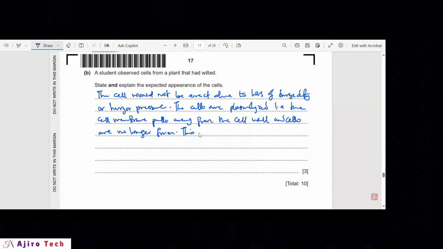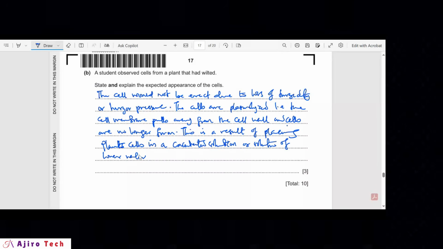This is a result of placing plant cells in a concentrated solution or solution of lower water potential.